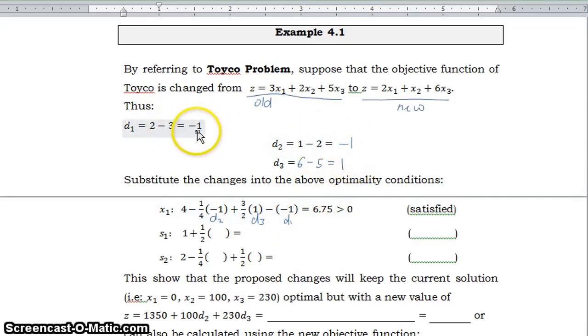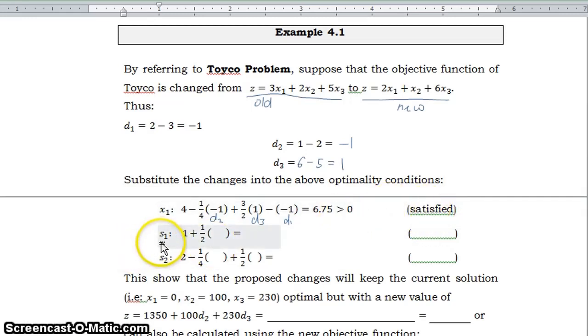We calculate, and we get the reduced cost for X1 is 6.75, which is greater than 0. This means that it satisfies the optimality condition of a maximum problem.